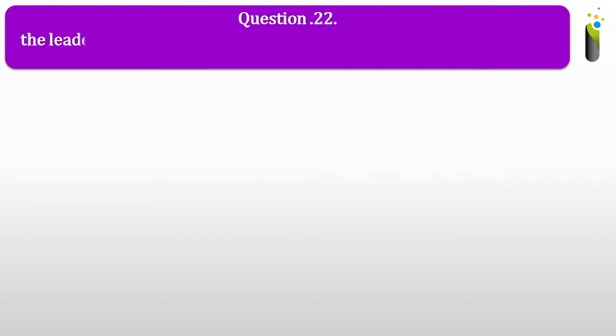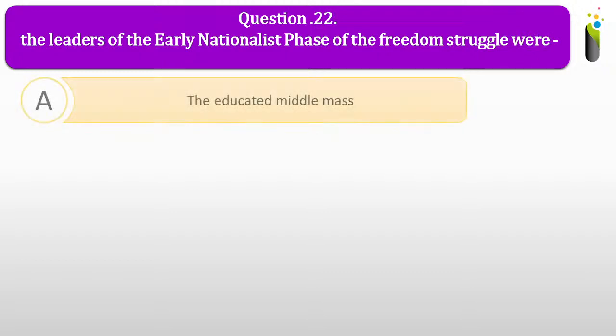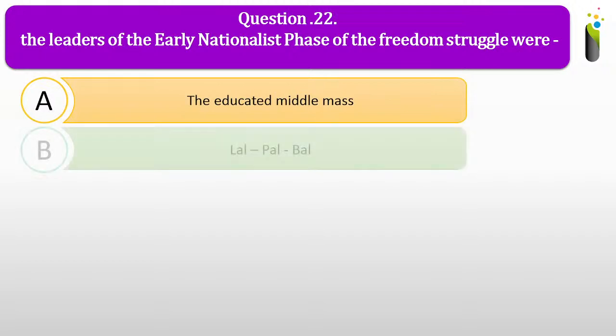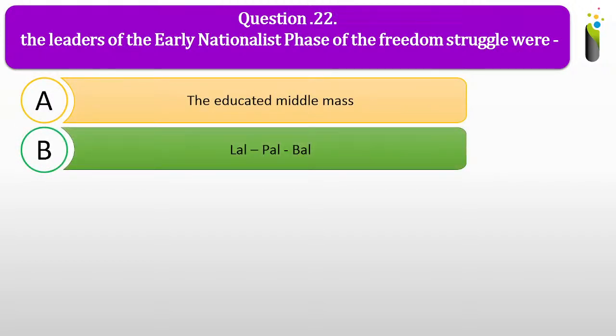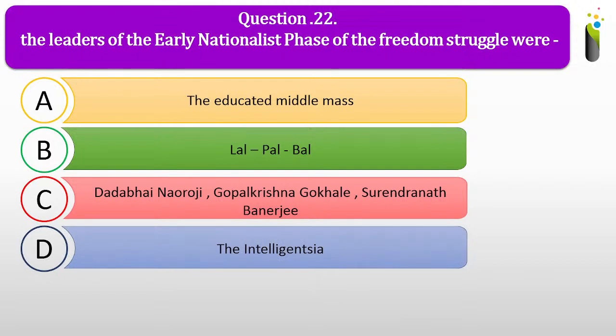Question number 22. The leaders of the early nationalist phase of the freedom struggle were dash. A. The educated middle mass, B. Lal Pal Bal, C. Dadabhai Naoroji, Gopal Krishna Gokhale and Surendranath Banerjee, D. The intelligentsia.